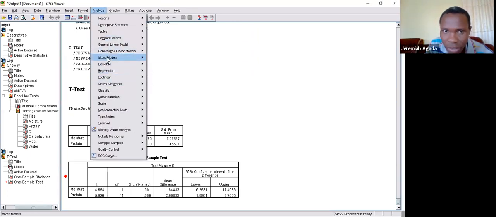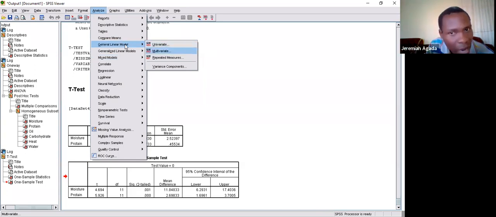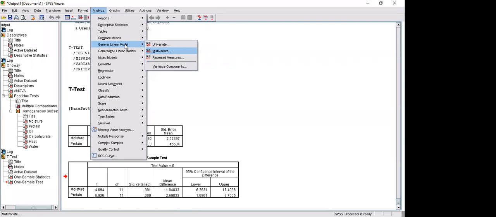If you check your SPSS, I want to just open it quickly. If you can see my screen, you will see univariate, and you see multivariate, right? Can you see this? Yes. Okay.